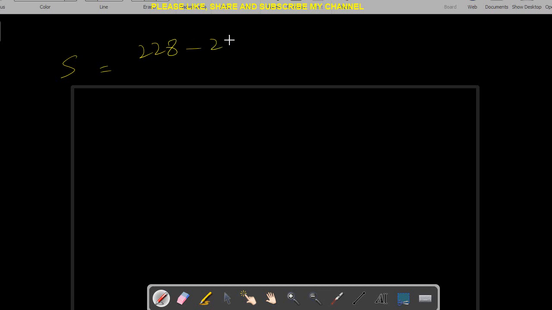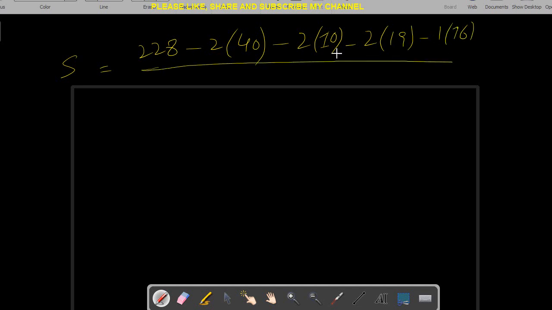We have 2 clear cover, which will be 40 millimeter in this case, minus clear side cover, minus 2 times we have stirrup number 10 mm, minus we have 2 19 bars, minus we have 1 16 bar, and divide this by the number of spacing.